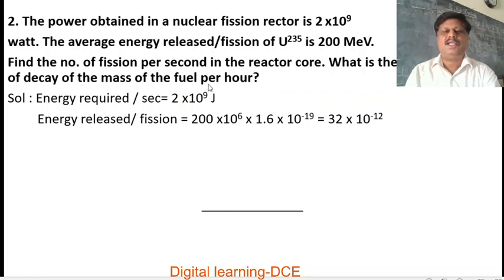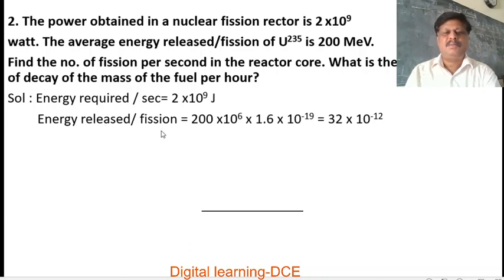You have to calculate the mass of the fuel required for 1 hour. Given energy released per fission of uranium 235 is 200 million electron volts. So energy required is 2 into 10 power 9 joule per second.